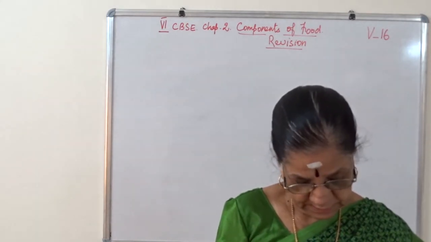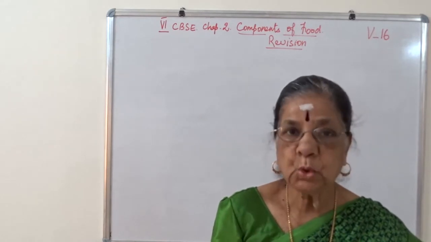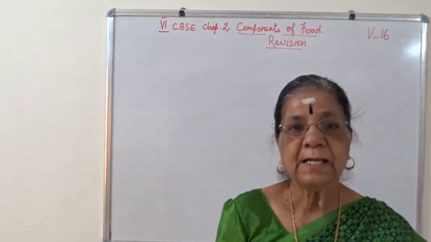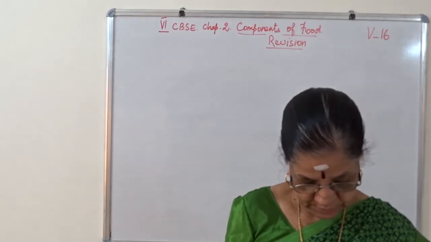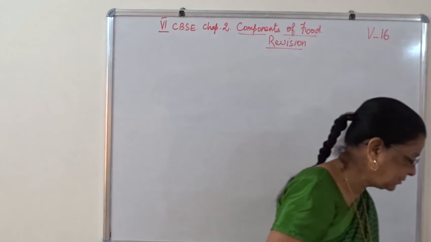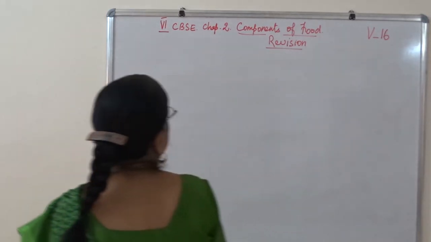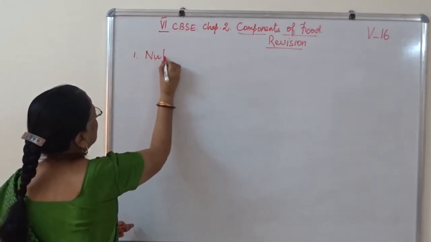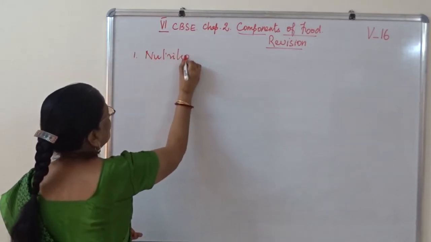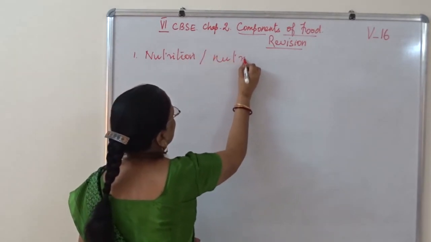Body building is for growth and repair of worn or damaged tissues. And protective food protects the body from diseases. So now the components of food. First we learn about nutrition and nutrients.